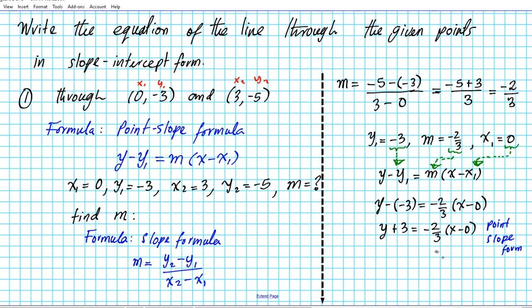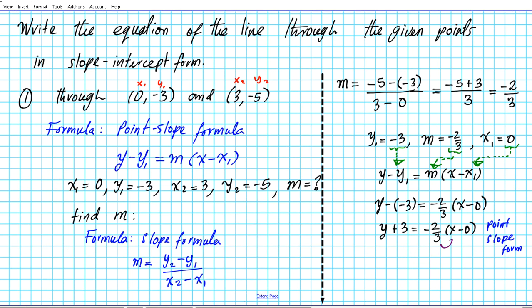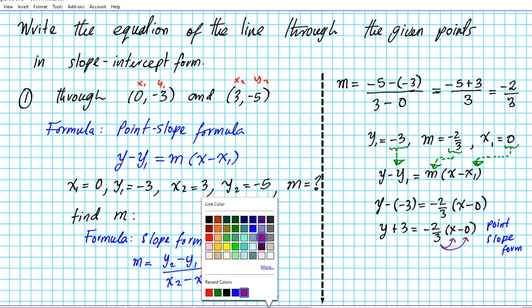So what we're going to do next is get y by itself. To accomplish that, we're going to distribute negative 2/3 to x and 0, and then we're going to move this 3 over to the right. Alrighty, let's go ahead and do it.